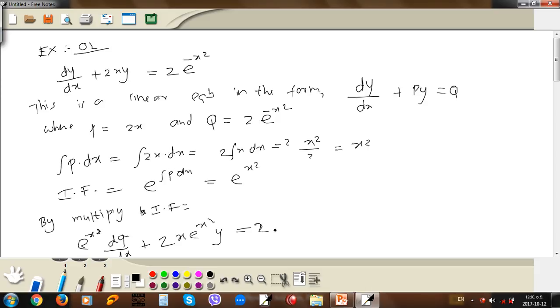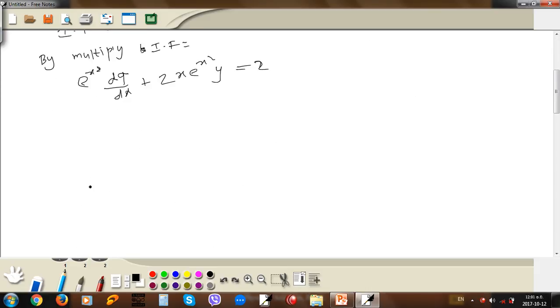Then this is reduced to that form: d/dx of (e^(x²) y) equals 2.